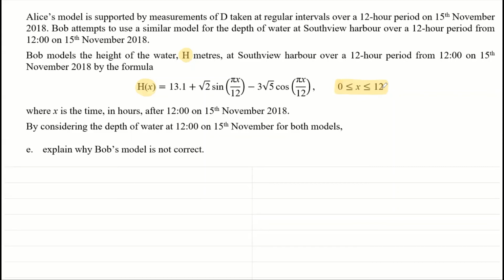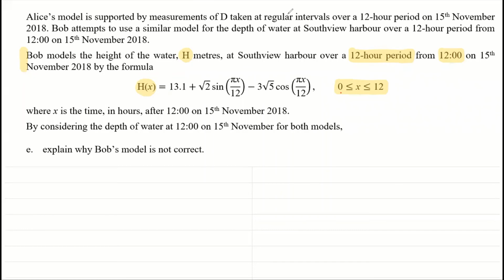Okay, and it's all down to the detail in the question. So if we start from this point here, it says that Bob models the height of the water H meters at Southview Harbour. It's the same location over a 12-hour period. So the same so far, 12-hour period from 12 noon, okay, on the 15th of November. So Bob's model picks up where Alice's model left off.